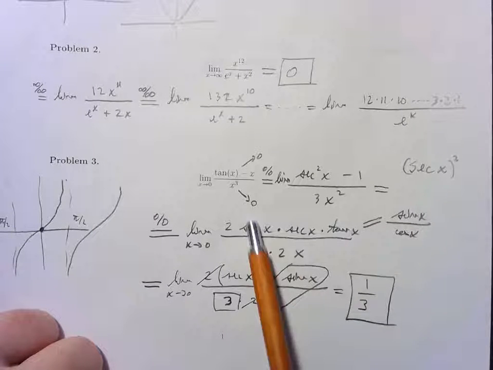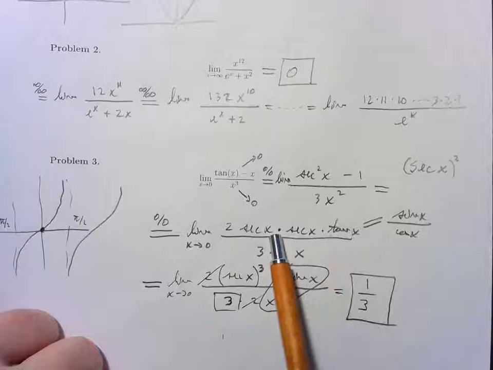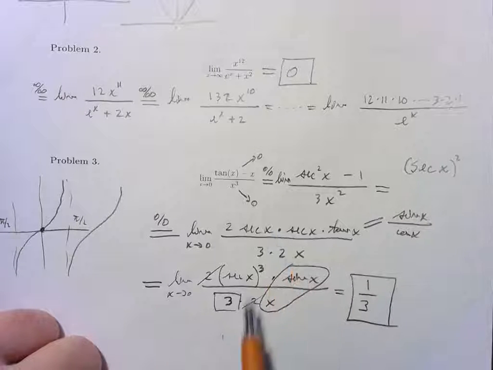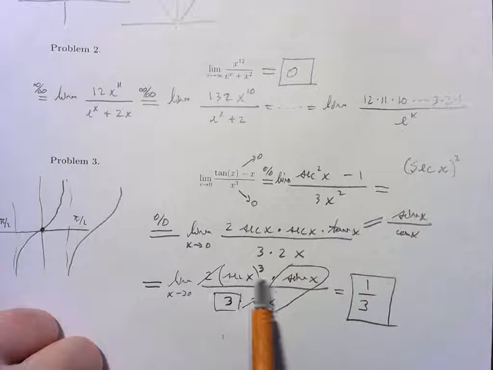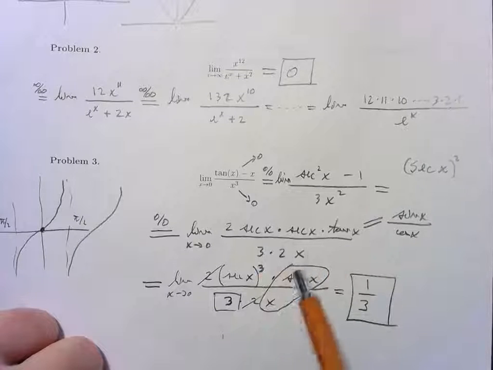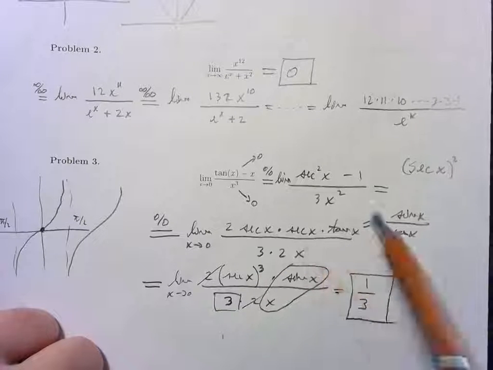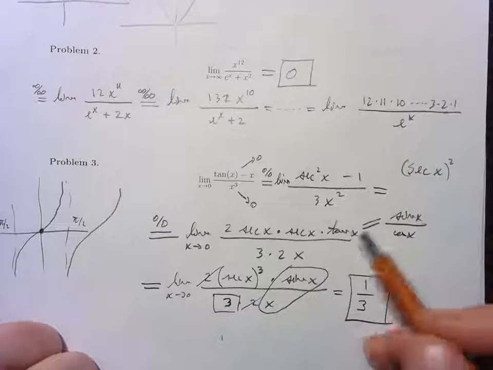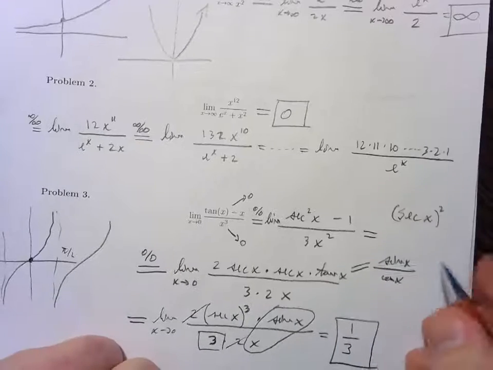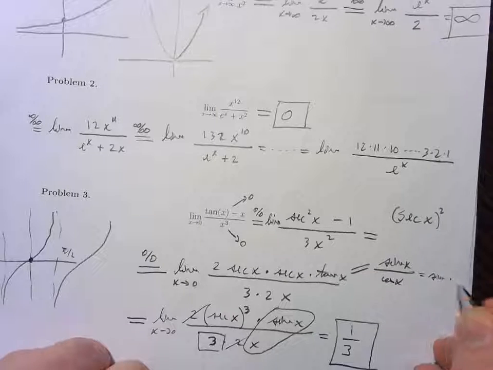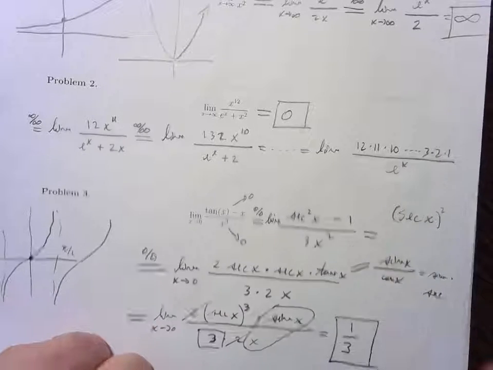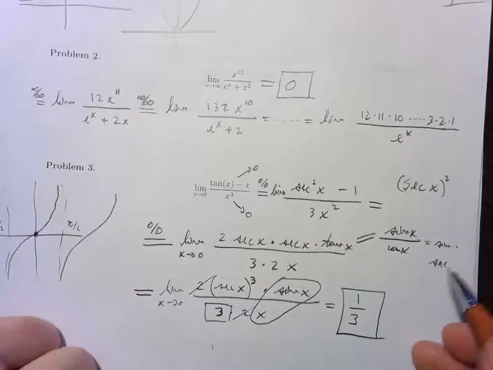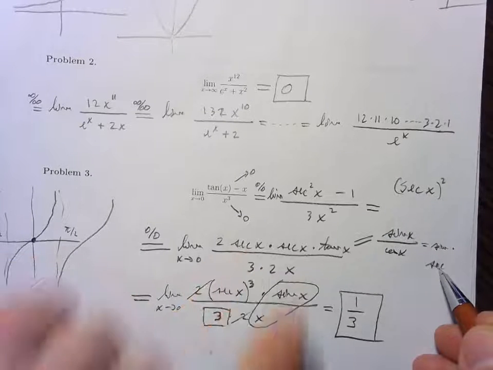Because if you had tried to do another L'Hopital's here, notice that you have a product of 2 functions, secant and tangent, and then you have to use the product rule, which makes the numerator become very complicated. But by switching tangent, writing it as sine over cosine, which is the same as sine times secant, I take the secant, I group it with the other 2.